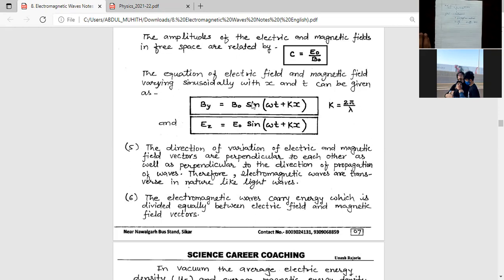Therefore we write By equal to B0 sine (kx plus omega t), and similarly Ez equal to E0 sine (kx plus omega t), where B0 is the amplitude of the magnetic wave and E0 is the amplitude of the electric wave.